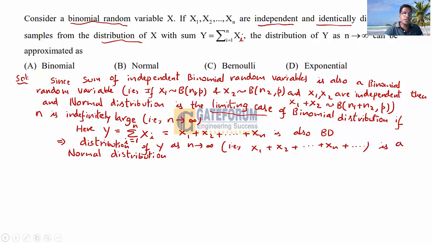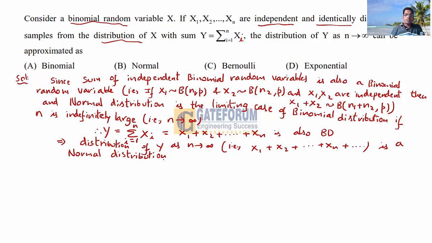So here I can write instead of here, therefore this one, Y is a binomial distribution, but in the limiting case it becomes a normal distribution.